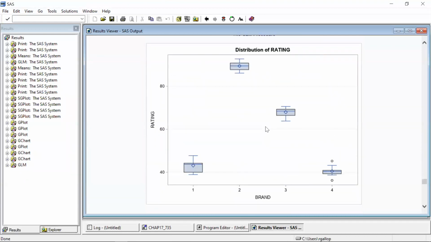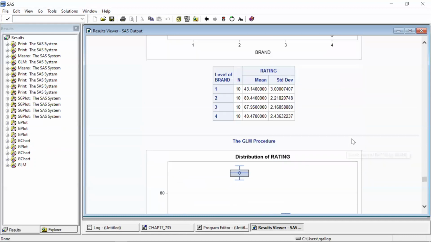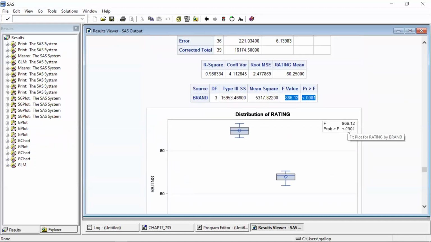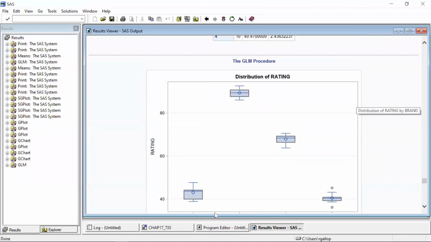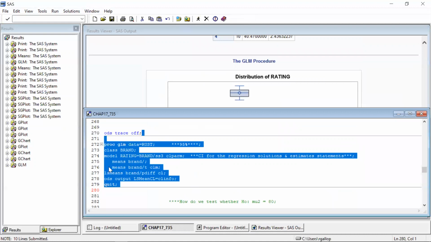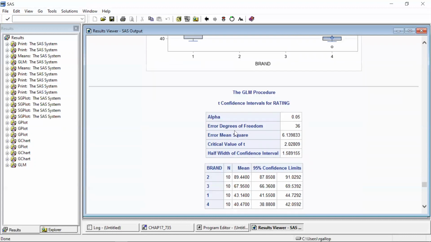Another repeat of the plot. Now, if you notice with these two, we don't have the overall F in the upper right corner. This is from just the proc GLM command. From the means again, this one's being produced by line 276. Line 276 is giving me the T confidence interval for the ratings.